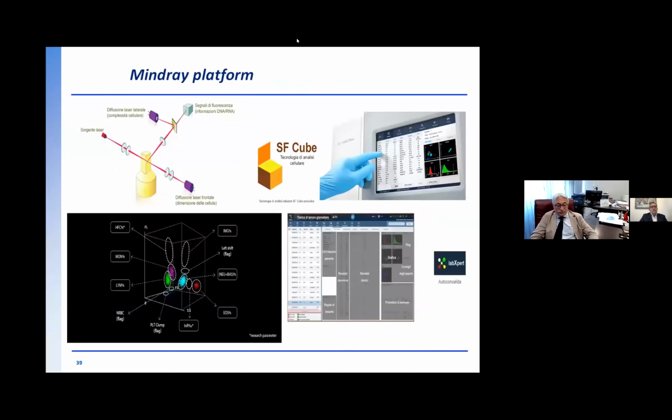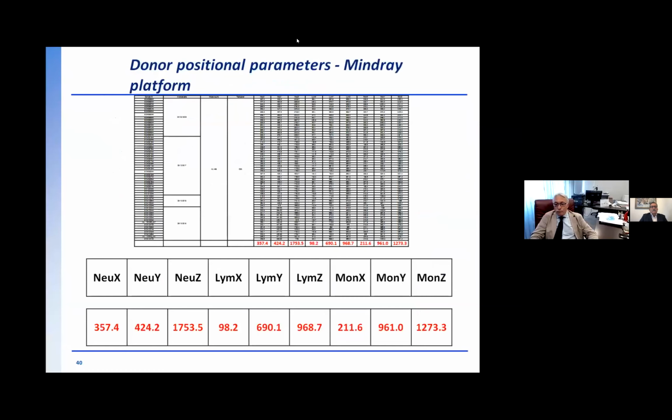As for the MindRay platform that performed very well as for sepsis, they use this SF cube, a 3D cube, where you have the three main parameters, forward, side scatter, and fluorescence, on the three axes of this 3D cube. These are the positional parameters of donor population analyzed with the MindRay platform.